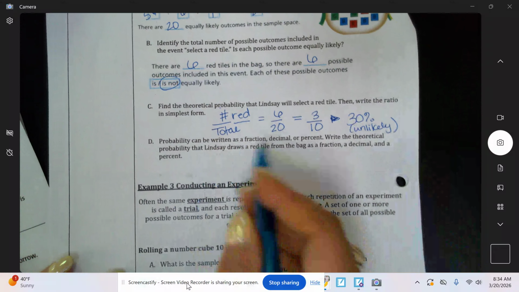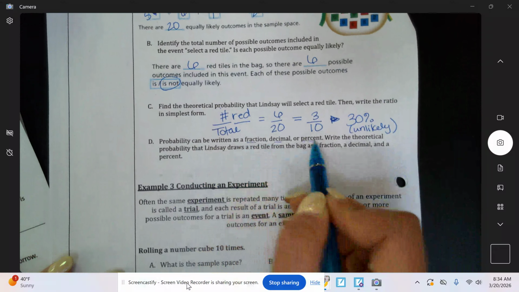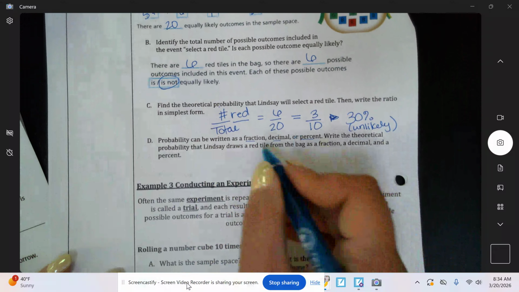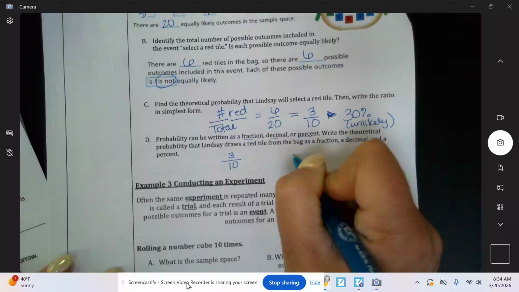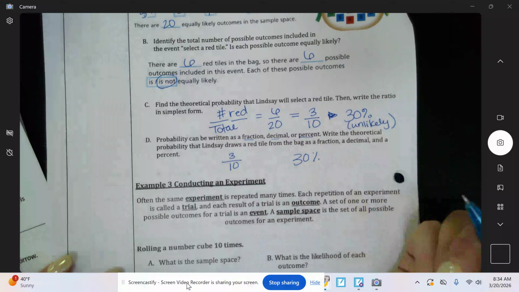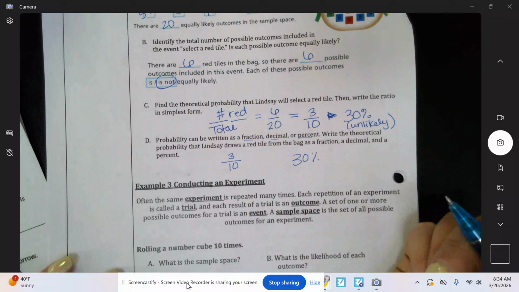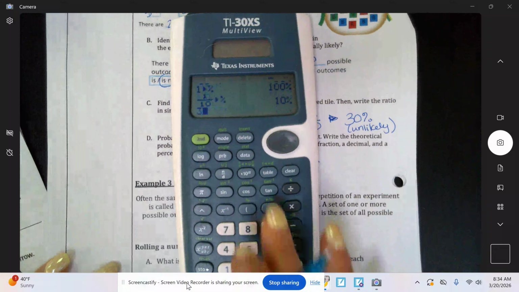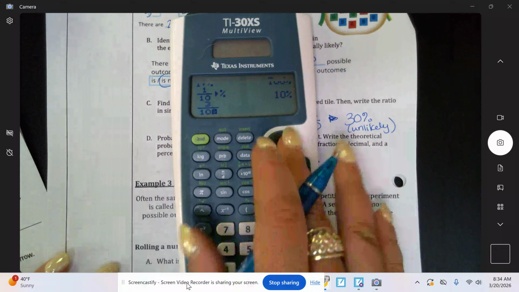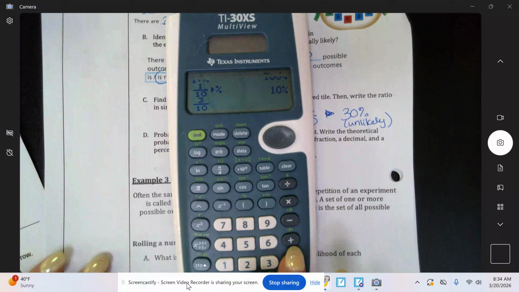Alright, this says it could be written as a fraction, decimal, or percent. We've pretty much done this already. We did it as a fraction, and we did it as a percent, but we didn't write it as a decimal. How do I write 3/10 as a decimal? 0.3. If you don't know, you could put in your calculator 3/10 and then just hit the double arrows, remember?